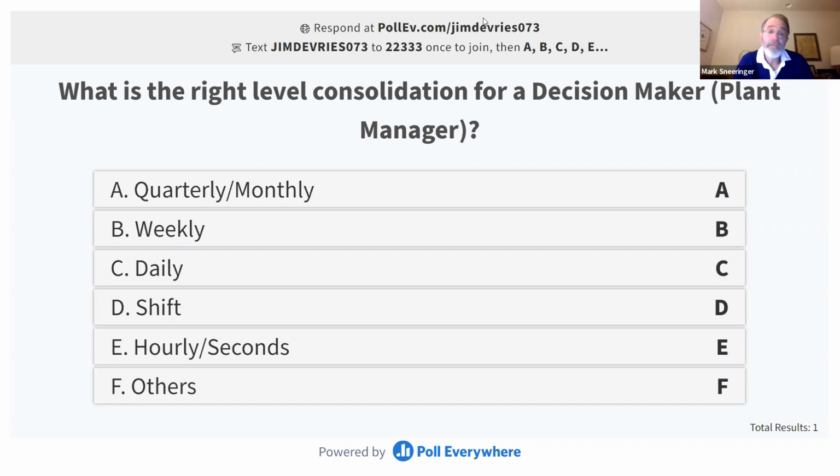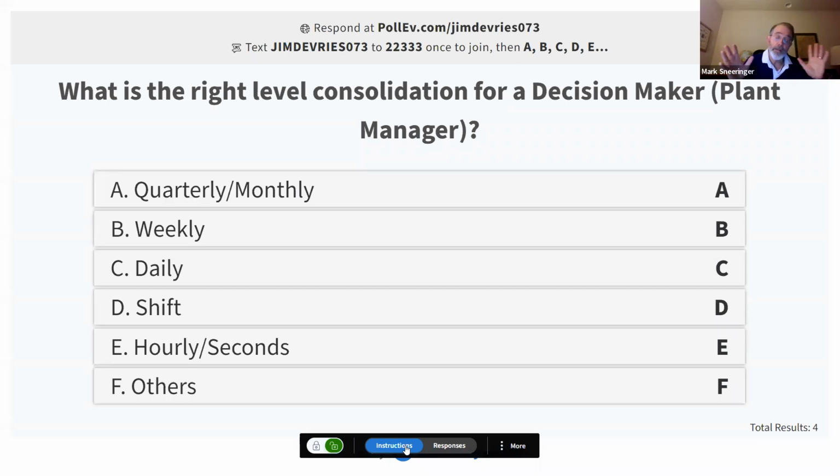So, I mean, this ties back to daily management sort of things. And so what sort of information is coming up through the tier meetings to that plant manager.